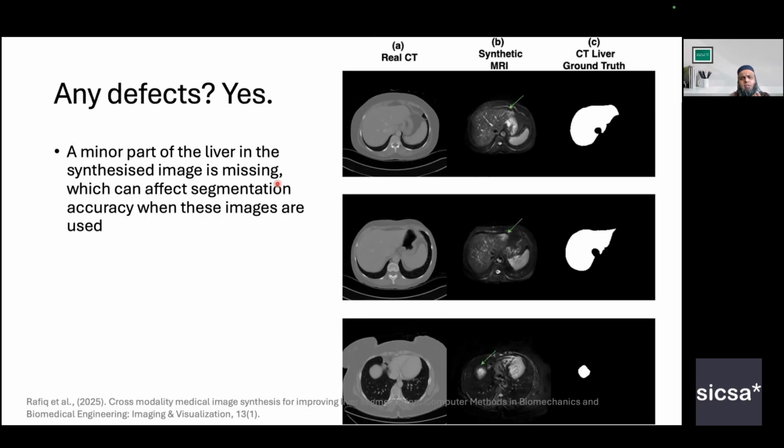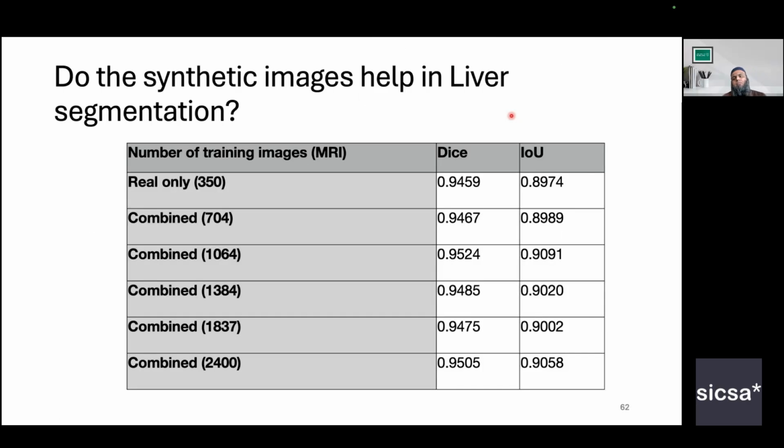Does it bring some artifacts? Yes, it does. We looked at the possibility of whether the model also brings some kind of artifact in the liver part. We were able to notice some minor artifacts, and that can actually also affect the performance of the liver segmentation. We did try different training mechanisms, but we couldn't get rid of these.